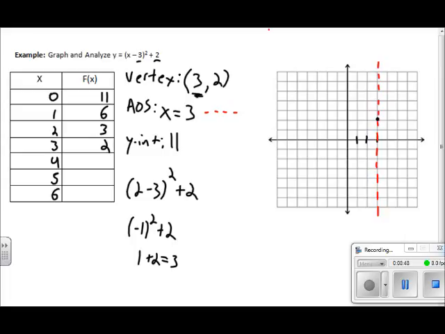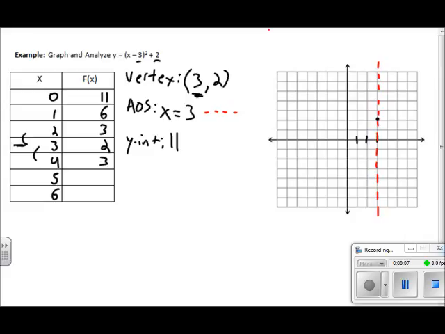Because we have an axis of symmetry through our parabola, as long as we are starting from our vertex over here, and we go 1 away this way and 1 away that way, they should come out to the same answer. So this one should also be 3.